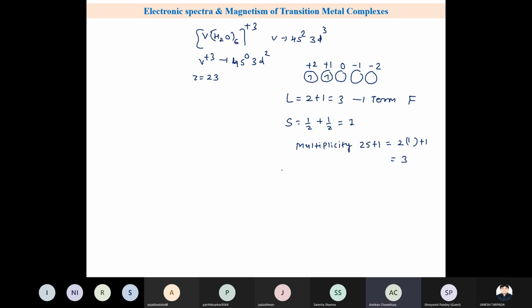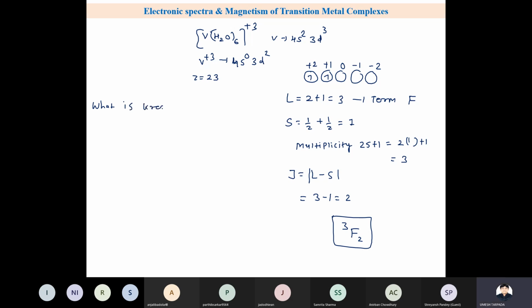J is less than half filled, so you can take L minus S, that is 3 minus 1, it is 2. So the term symbol becomes F, J value is 2, multiplicity is 3. This is the term symbol.